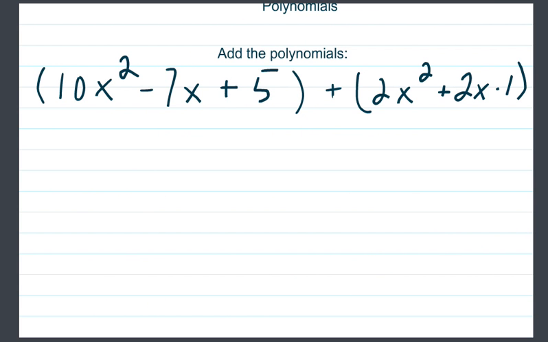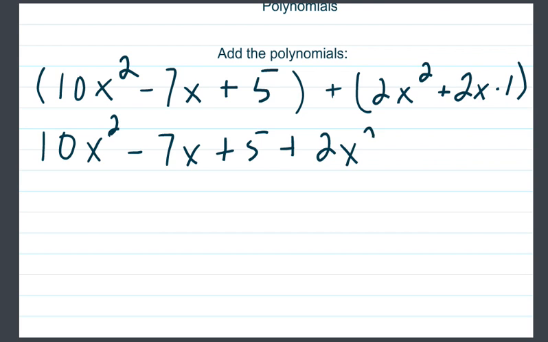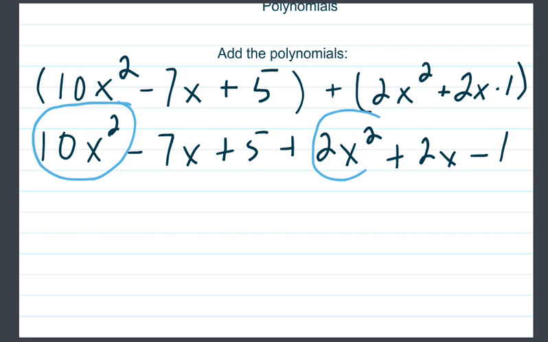Now we're going to be adding polynomials. When you're adding polynomials, the first thing you want to do is get rid of the parentheses. So, 7x plus 5 plus 2x squared plus 2x minus 1. And now what you do is combine all like terms. These are like terms.